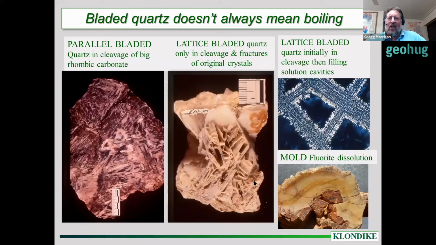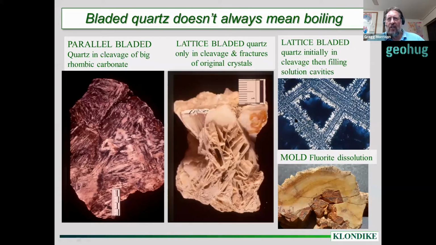This is a classic kind of lattice, but it doesn't represent an original carbonate lattice. These are fracture fillings in the carbonate, and sometimes the cleavage planes in the carbonate that have been infilled with quartz, and then the intervening carbonate dissolved away.